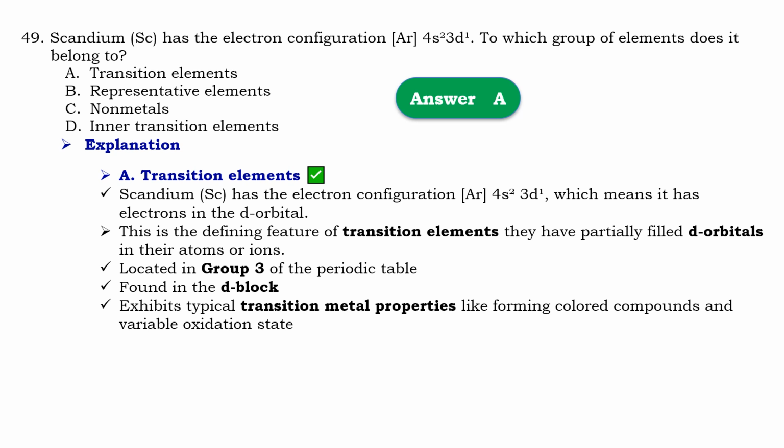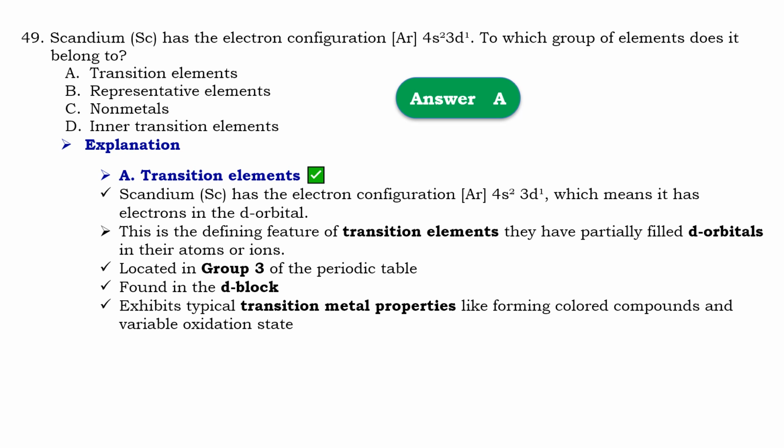Scandium has electron configuration argon 4s2 3d1, which means that there are electrons in the d orbital. This is the defining feature of a transition element, which has partially filled d orbitals in its atoms or ions.